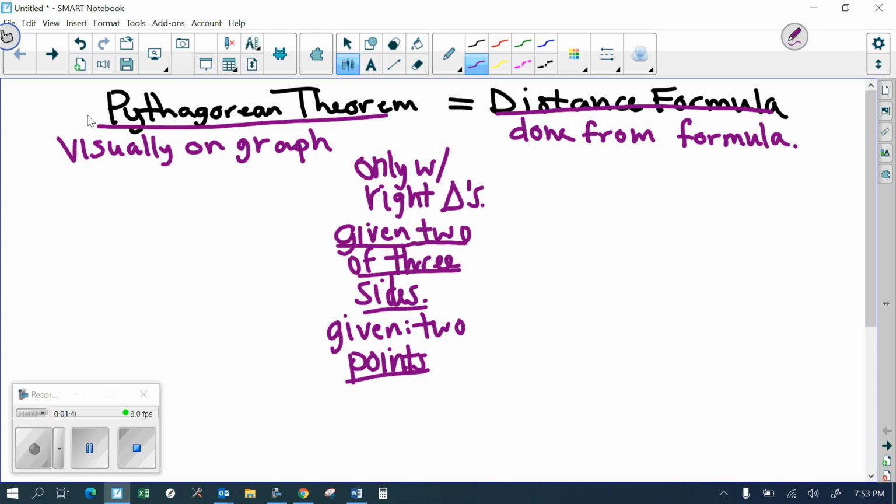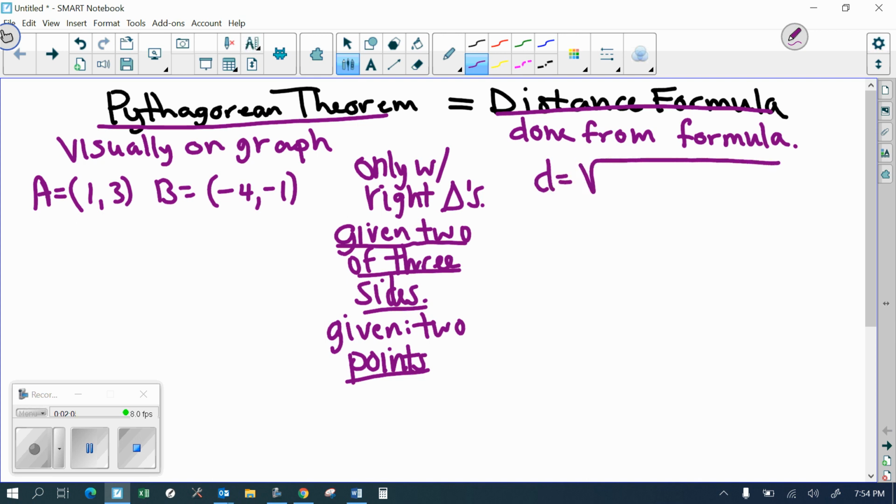So example, if I have the point A and they tell me that is 1, 3, and B, they tell me this is -4, -1. Okay? So it doesn't change. It's the same points over on the other side here. Okay, so the one, we use the distance formula. We'll do that one first.